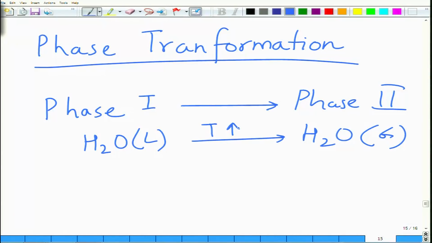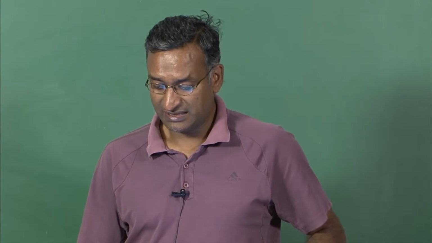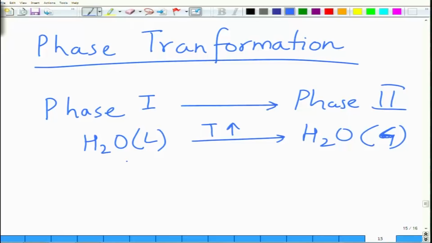At the evaporation temperature of the liquid, the liquid will transform into the gaseous form. We can study under what thermodynamic conditions the liquid phase is stable, and under what conditions the gaseous phase is stable. Similarly, what will happen if you keep the temperature constant but change the pressure? At what pressure will liquid H2O transform into gaseous H2O or solid H2O, for instance.